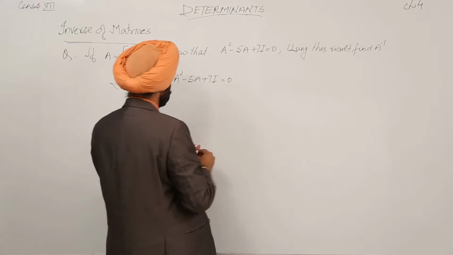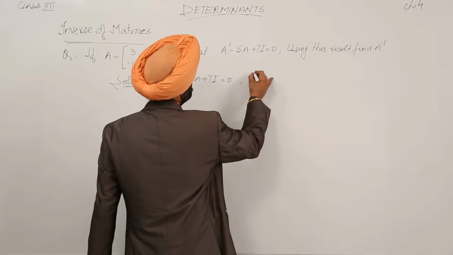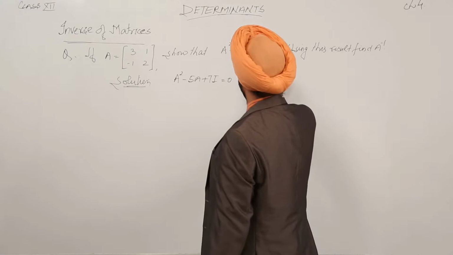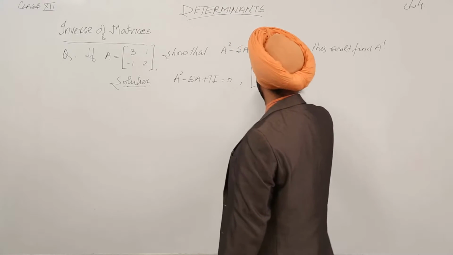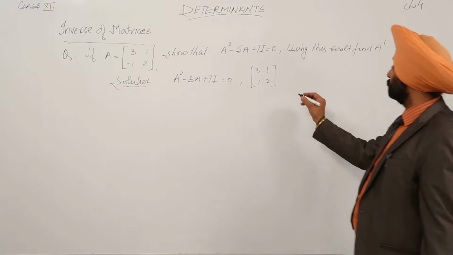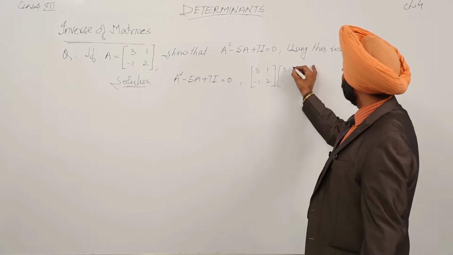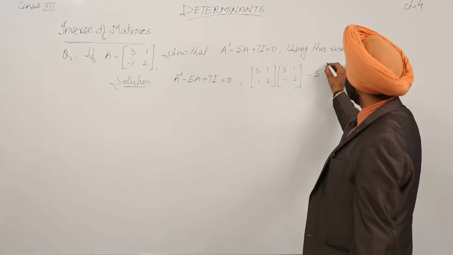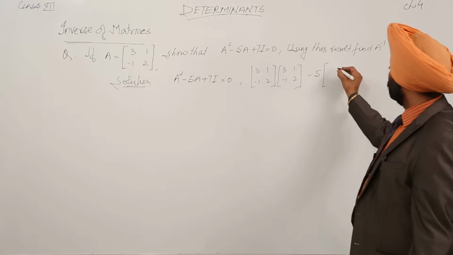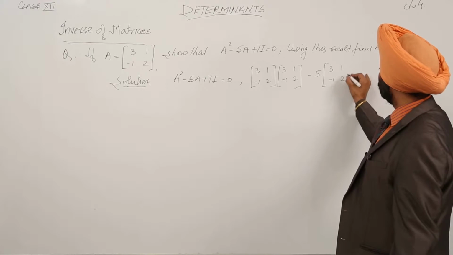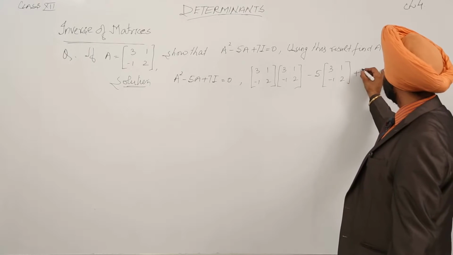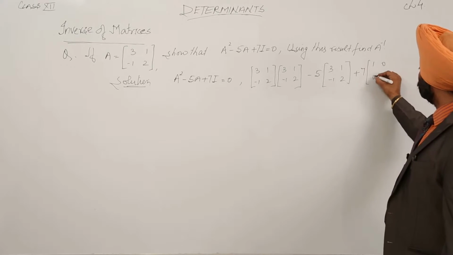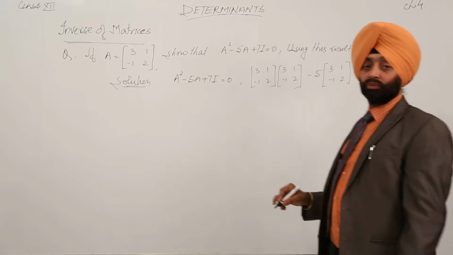So we have A squared, with A as [[3, 1], [-1, 2]] times [[3, 1], [-1, 2]], minus 5 times [[3, 1], [-1, 2]], plus 7 times the 2 by 2 identity matrix [[1, 0], [0, 1]]. We have to prove this part.